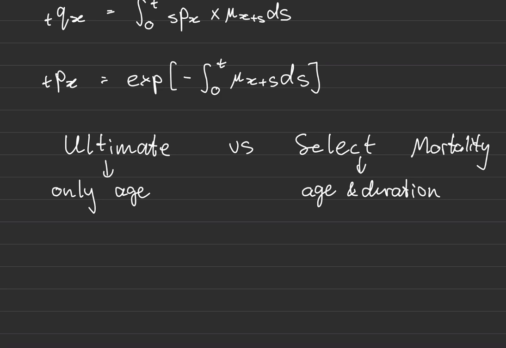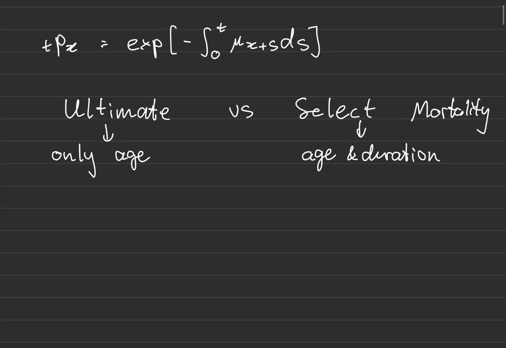What we are actually saying is that this person has mortality, let's say they're 50 years old and they took out a policy 1 year ago. So they took out the policy when they were 49. This 50-year-old, his mortality is different to someone who's 50 but doesn't have a policy, or who took out their policy 10 years ago. Okay, so that's generally the difference between ultimate and select mortality.